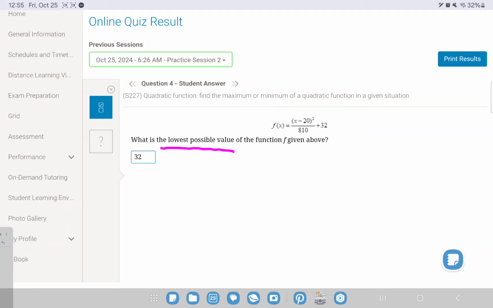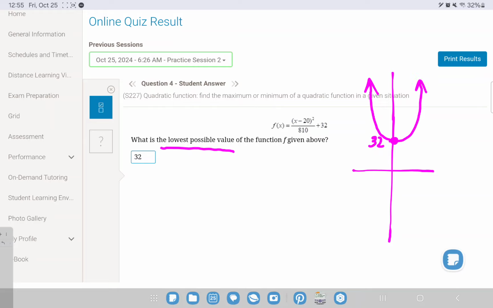Of course. So what this would look like is something like, you'd have a point, let's say here is 32. You'd have your point somewhere here opening like this, okay?